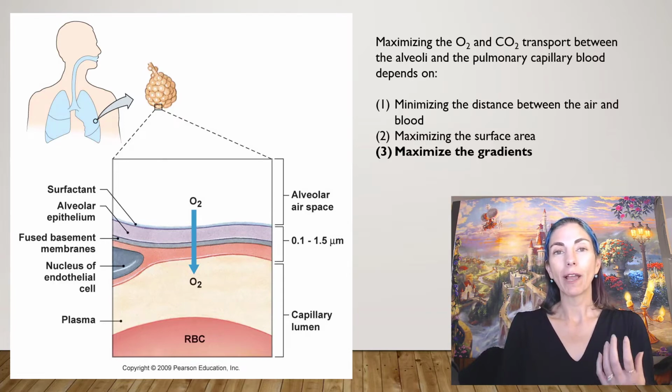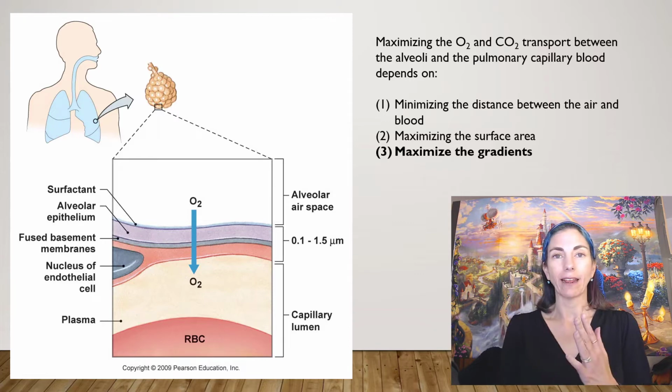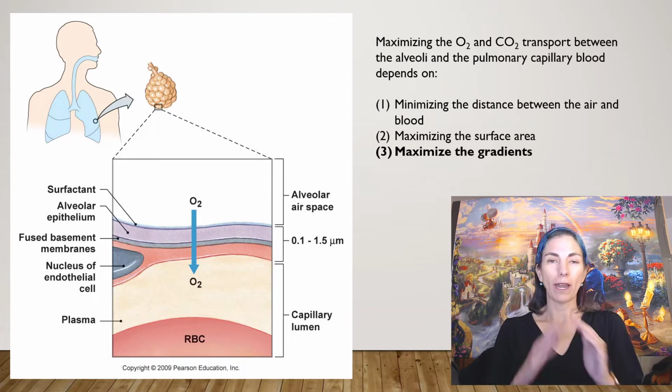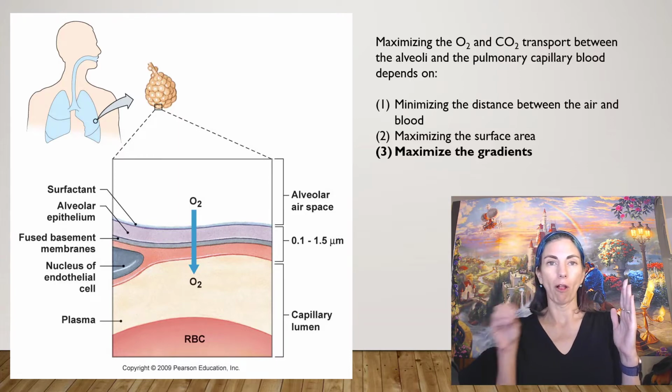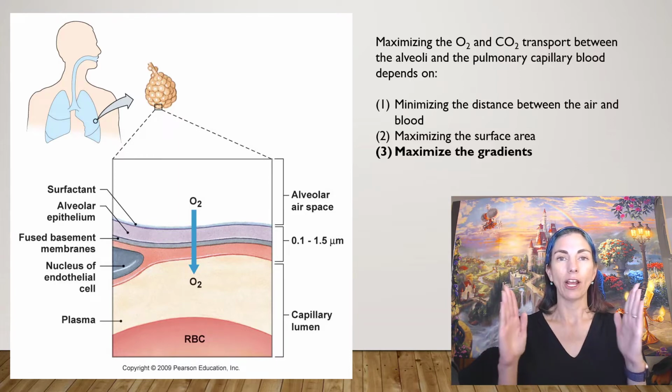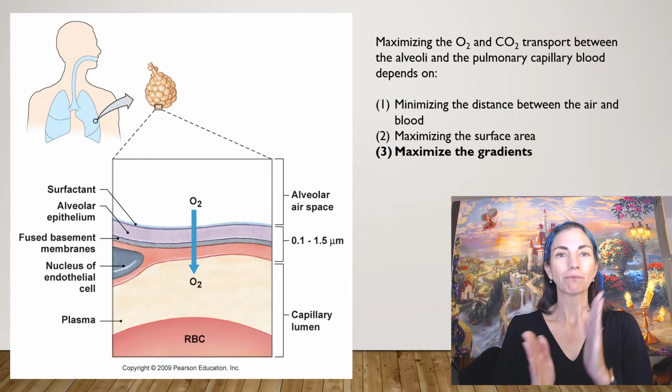And there's a couple anatomical designs that really help this. We know that when we're looking at diffusion of anything, distance matters. When I've got two compartments that are separated by a wide berth, it takes a lot longer for the molecules to get all the way to the other side. When I bring those two compartments together, they move much faster.